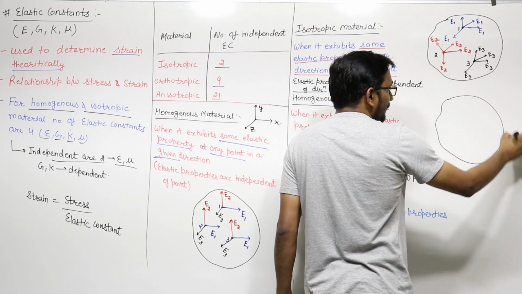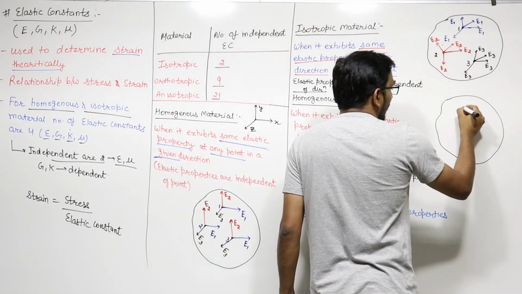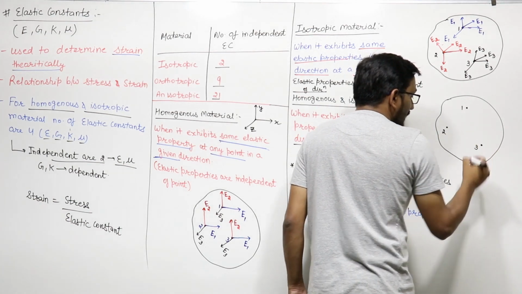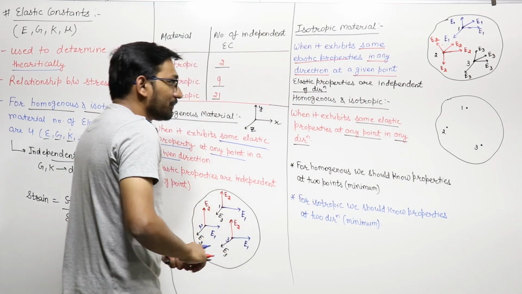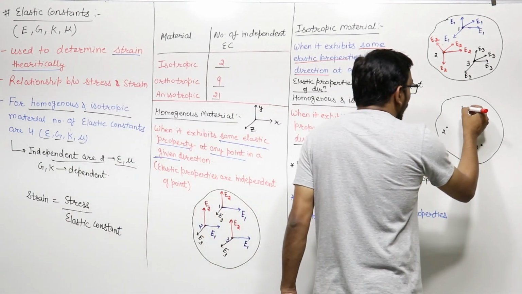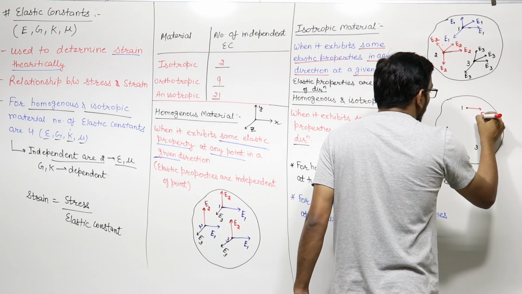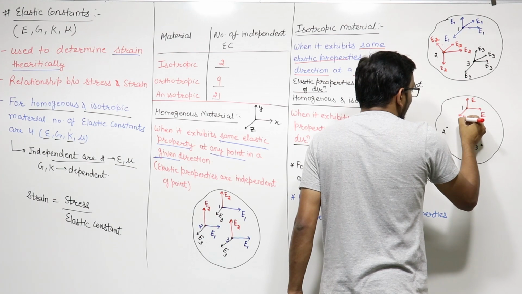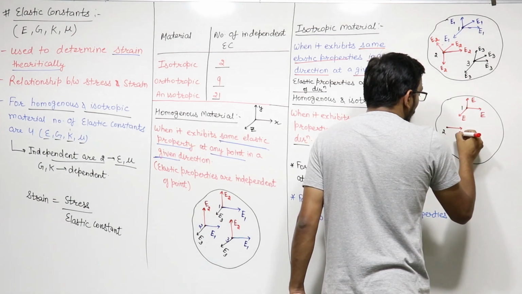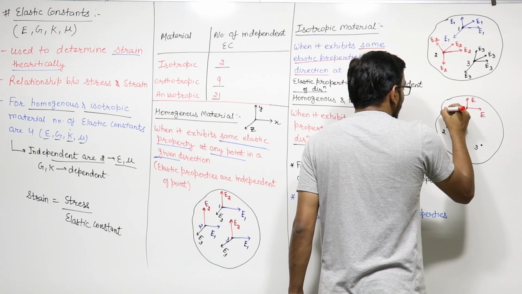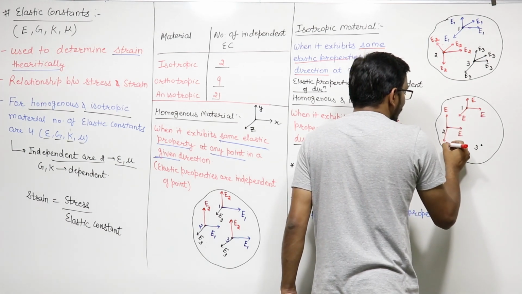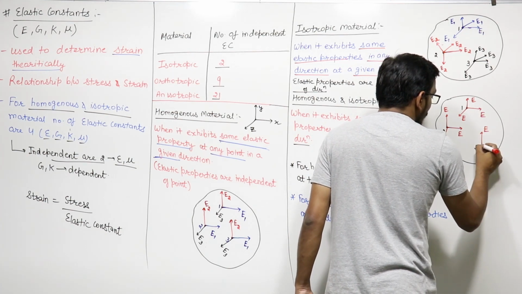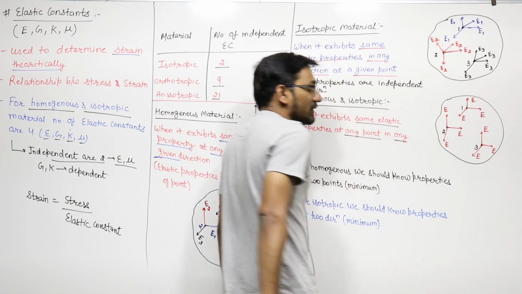Suppose this is the material which is homogeneous and isotropic, and again we are taking point 1, point 2, and point 3 on this material. So at all the points, in all the directions, the value of property will be same, let us say E. So this type of material is your homogeneous and isotropic.